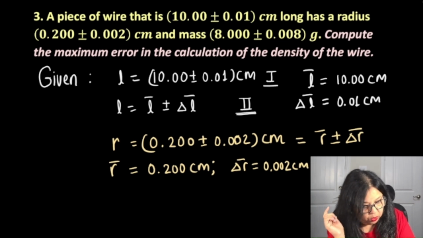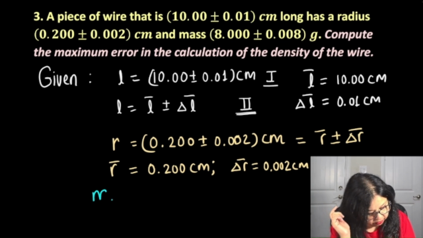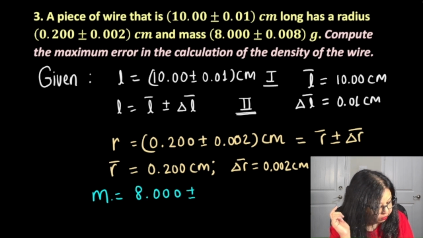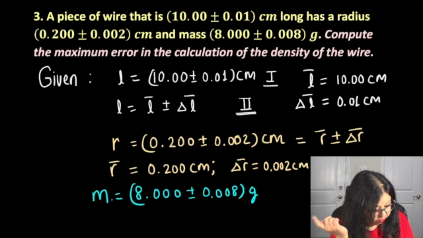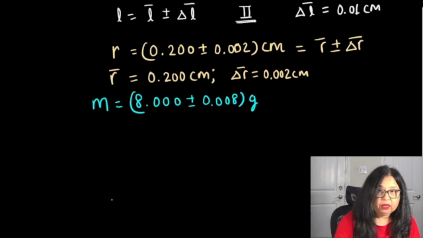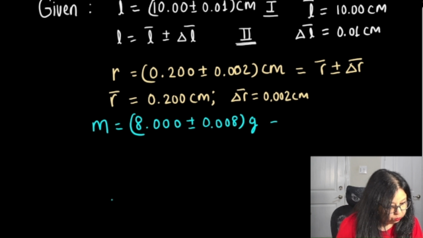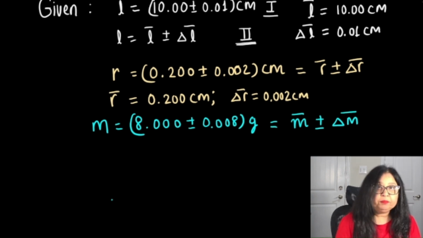Mass of the wire is given to be 8.000 plus minus 0.008 grams, which is going to be equal to what? I'm going to write this as m bar, the average value of the mass, plus minus delta m bar, the mean absolute error in the mass.